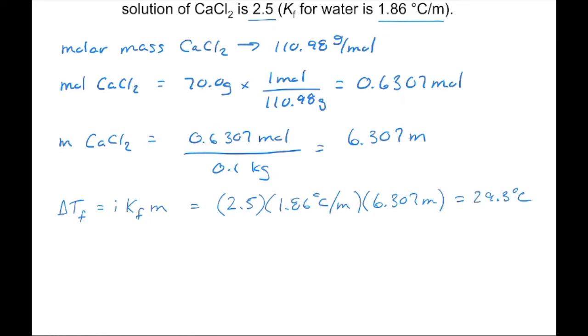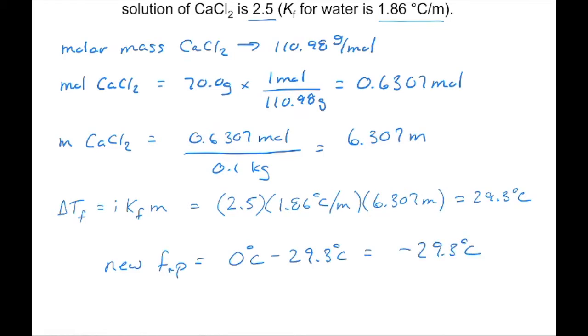Okay, so remember that's just the freezing point depression. We're asked whether or not this amount of calcium chloride could be used to melt ice at minus 20 degrees Celsius. So the original freezing point of water is 0. So the new freezing point of water is going to be 0 degrees Celsius minus 29.3, which equals, of course, minus 29.3 degrees Celsius.